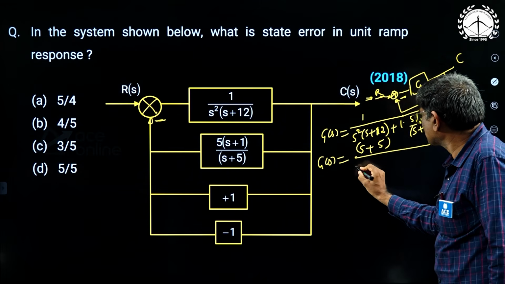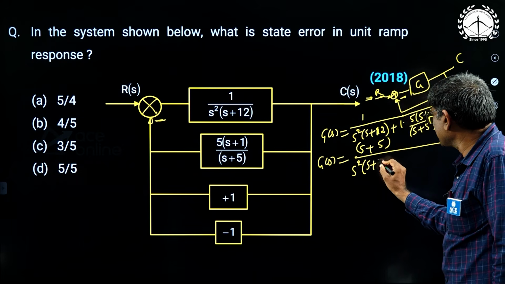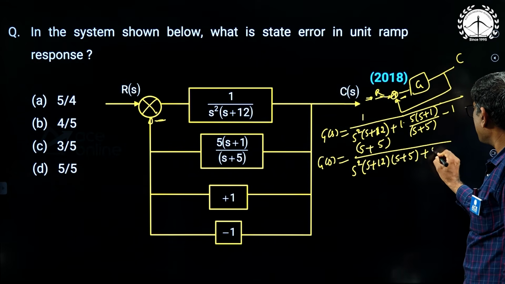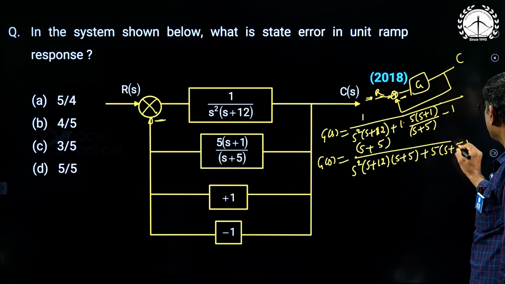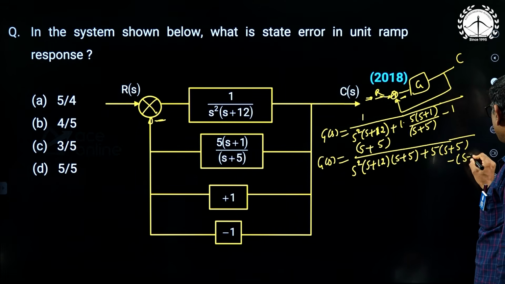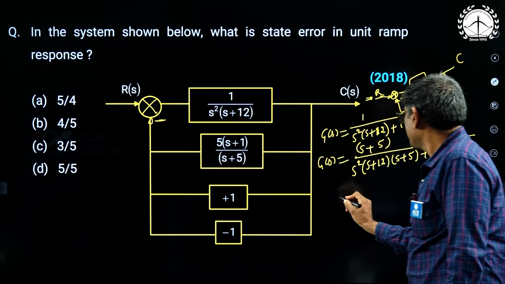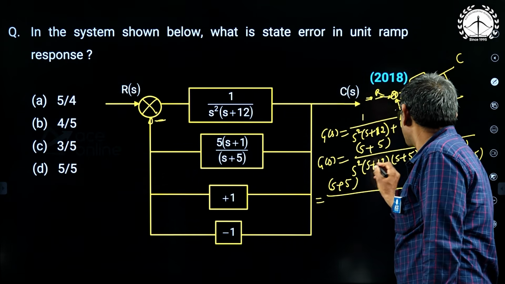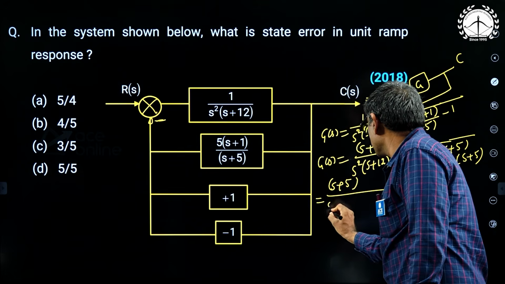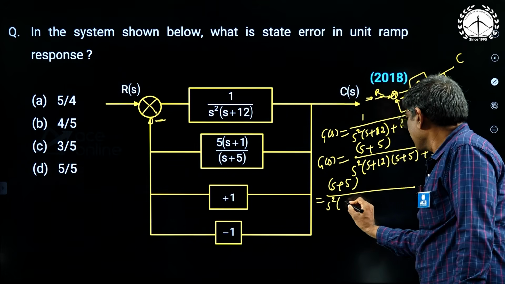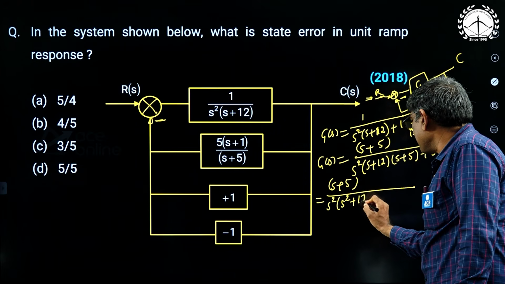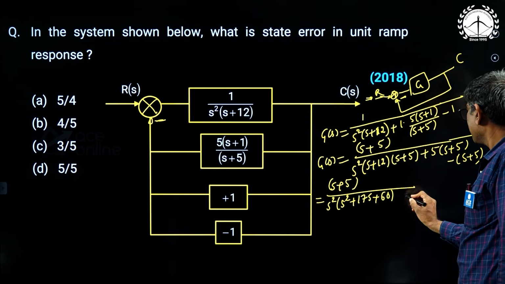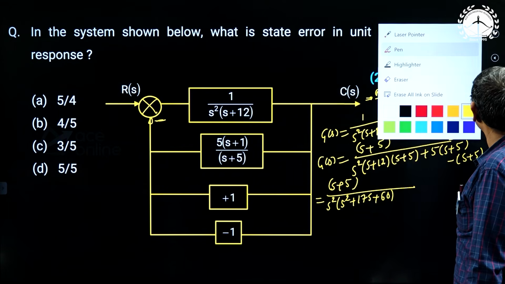If you expand this, s²(s² + 17s + 60), yes or no, add and product. Then here s + 1.